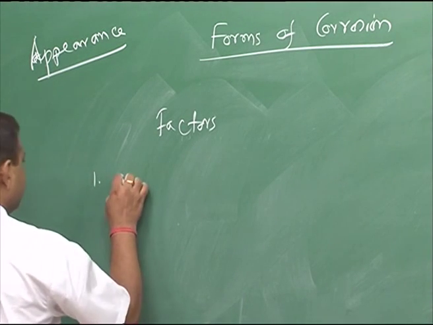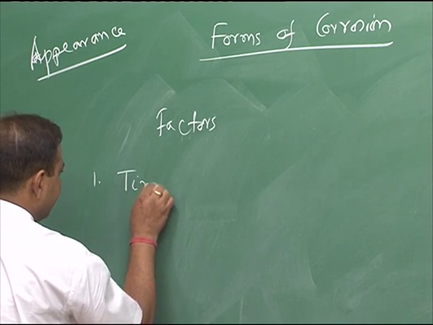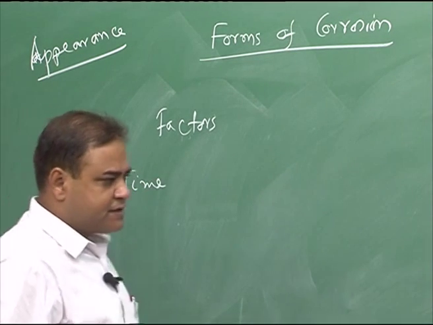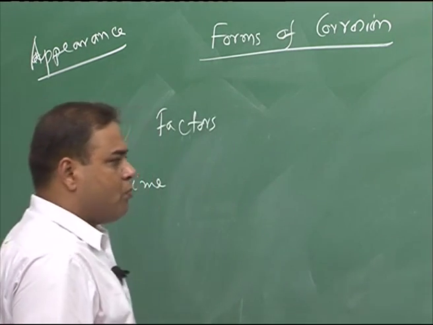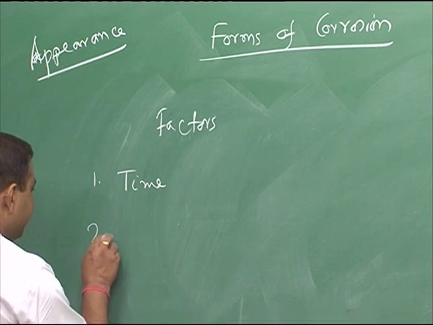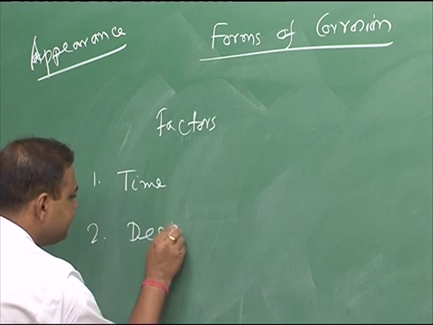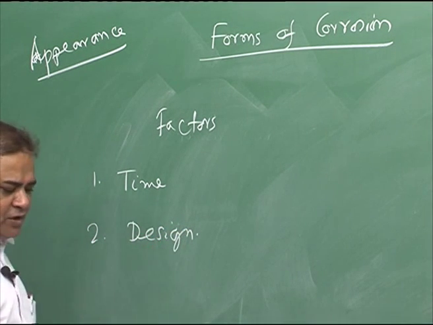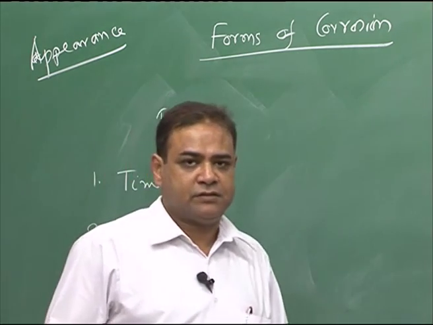One is, let us say, time. Time is definitely a factor. The more the exposure, the more the corrosion. Second is design. Design of the component is a major factor.